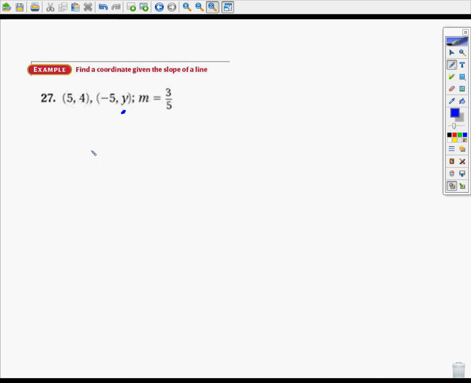So we're going to set this up where we have slope, rise over run, equals, I'm going to call that y2, minus 4 over my x2 minus x1. And so I'm going to clean it up a little bit. 3 over 5 equals y minus 4 over negative 5 minus 5 is negative 10.